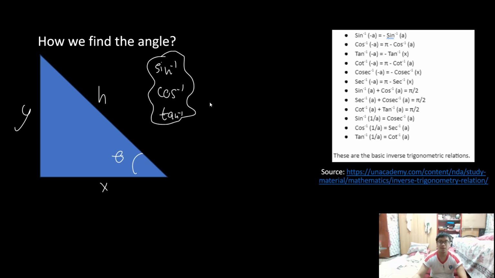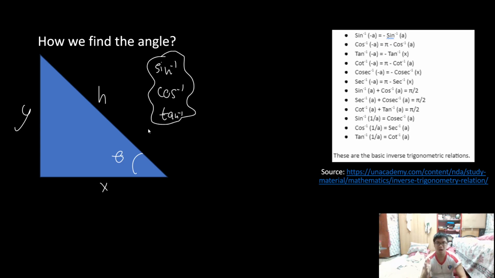All right? So, to sum it up, the usual case in finding the angle is with the use of these three. If you have the missing angle here, you can just use arcsine, or arccosine, or arctangent. These are the three basic inverse trigonometric functions, and they are usually used.